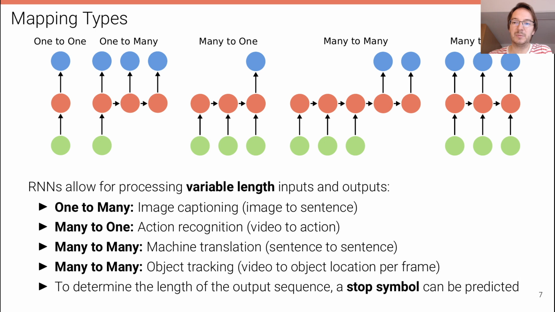But in some applications, we might have such mappings, for instance, in object tracking, where the input is a video, a sequence of frames, and for each of these frames, if we want to track one object over time, we want to infer the location of that object in that frame. So we have one object location per input image frame.